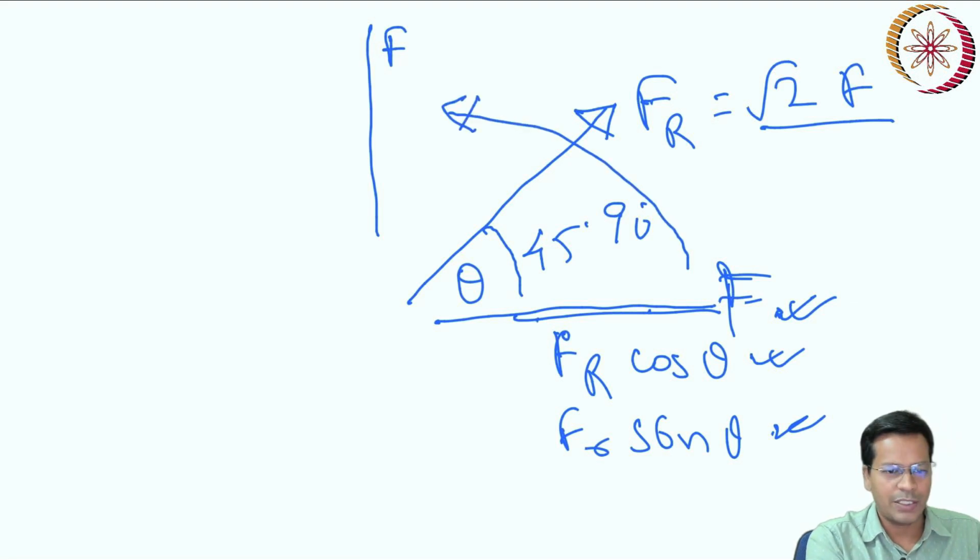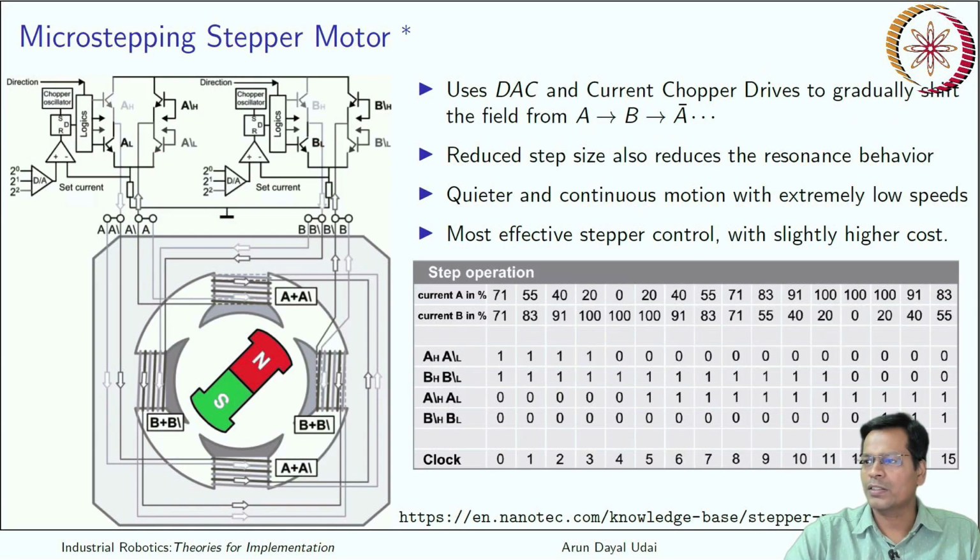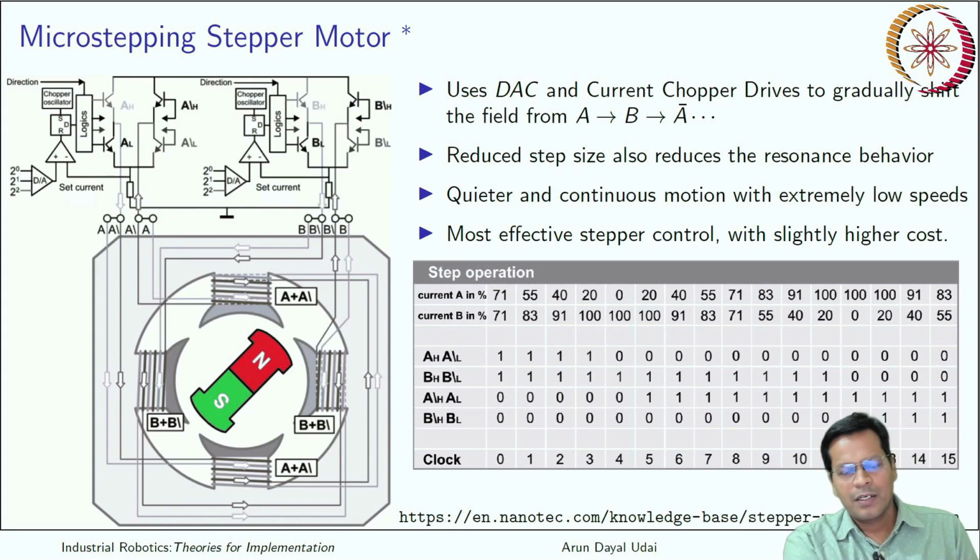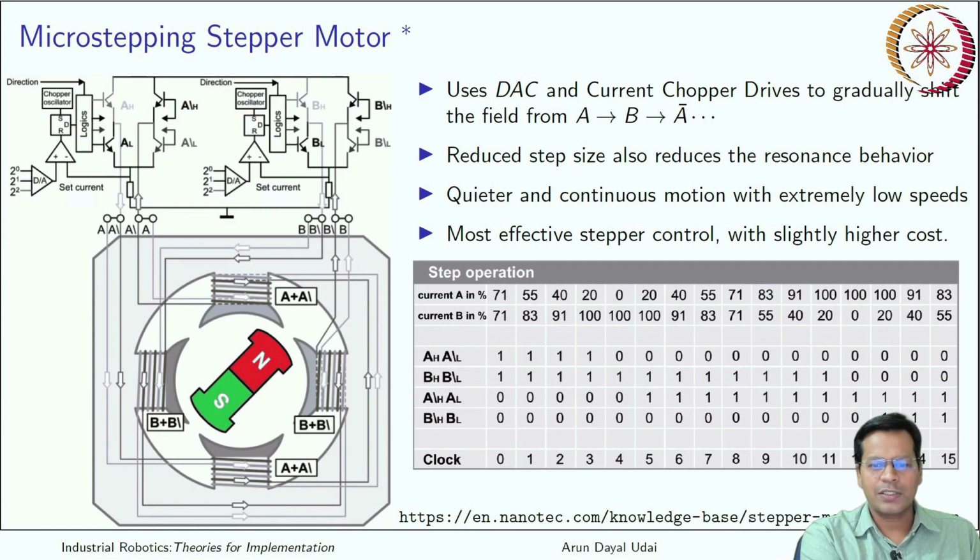At 45 degree, the position shown in this figure, F cos theta and F sin theta are both equal, that is 0.707. Percentage wise, it is approximately 71%.